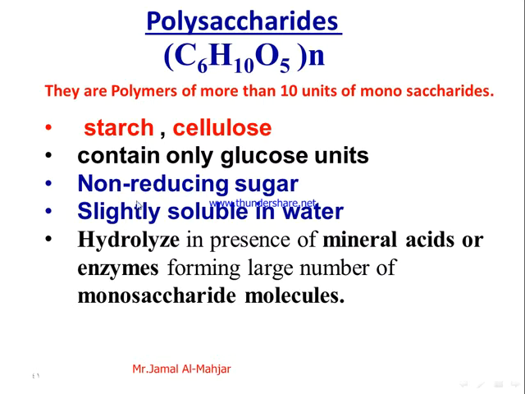These ones are non-reducing sugars, like sucrose. They are slightly soluble in water. They hydrolyze in the presence of mineral acids or enzymes, forming a large number of monosaccharides. What monosaccharide is formed? It is glucose.